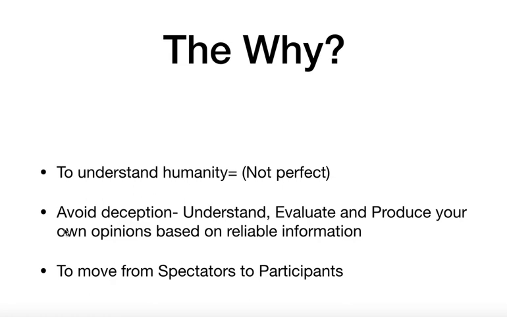The second reason why we study this course is we want to avoid deception. We want to understand, evaluate, and produce our own opinions based on reliable information. Going back to your first assignment, that will help. You want to read something, decipher the information, make sure that it's reliable, and then make your own decisions instead of just waiting for someone to feed you a 20-second soundbite and go with that.